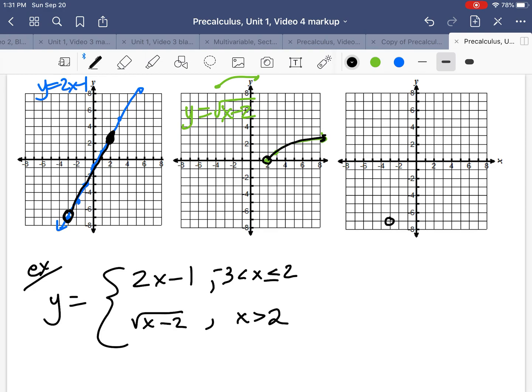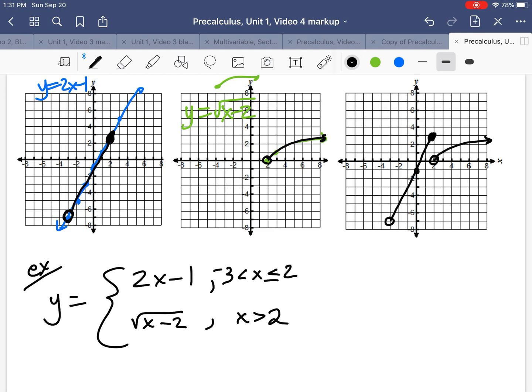And then it goes over to 2, I think that was the point 2, 3. I kind of blobbed it off. And it crossed at, let's see, -1 right there. So if I can draw like a nice straight line right there, there it is. And then the green one is going to come through. It's going to start with an open circle at 2 and kind of move on up.